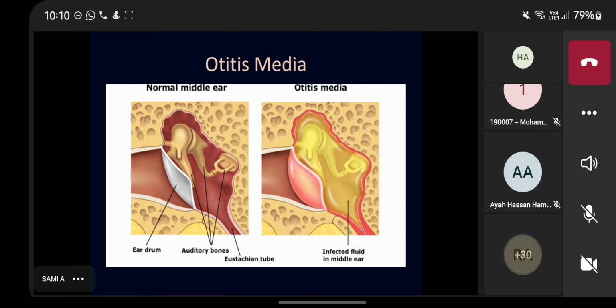So this will usually be followed by obstruction of the isthmus, causing poor ventilation, and this will result in negative middle ear pressure. And this further leads to accumulation of secretion produced by the middle ear mucosa, and the secretion has no egress and accumulates in the middle ear space.